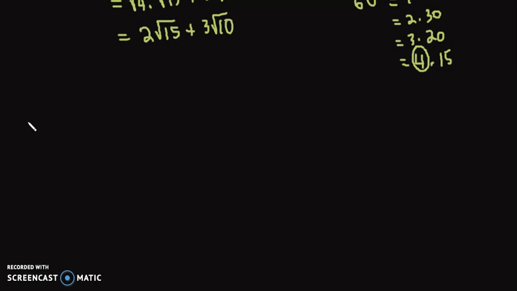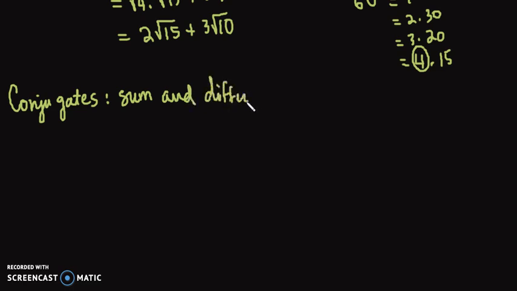Okay, another example would be rationalizing a denominator using conjugates. And remember that conjugates are the sum and difference of the same two terms.